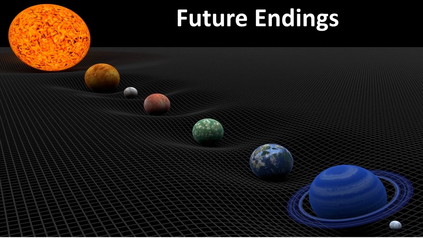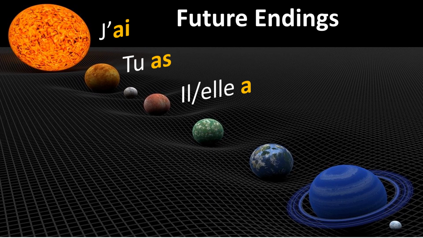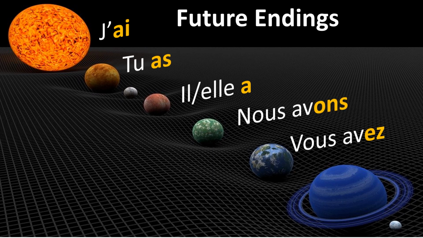So let's conjugate together. It gives you j'ai, tu as, il ou elle a, nous avons, vous avez, ils ont or elles ont. So basically what I'm saying to you is that what is in yellow is what we are going to use as future endings.